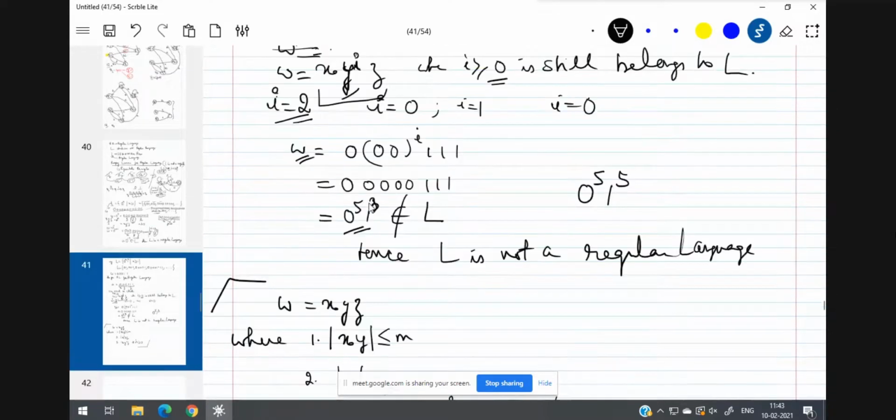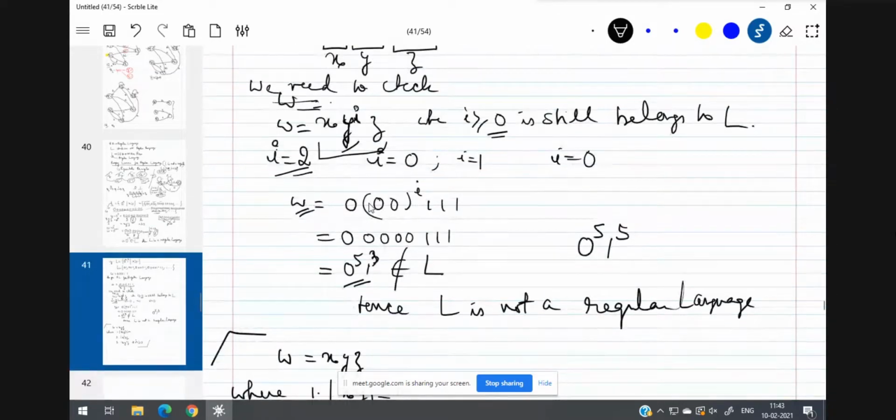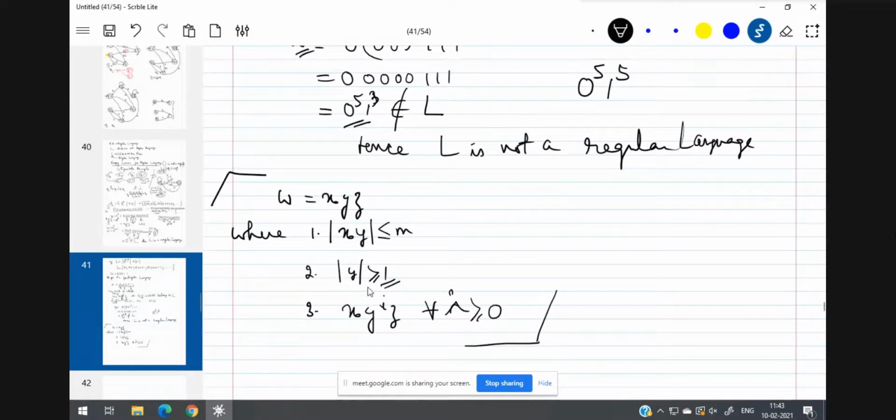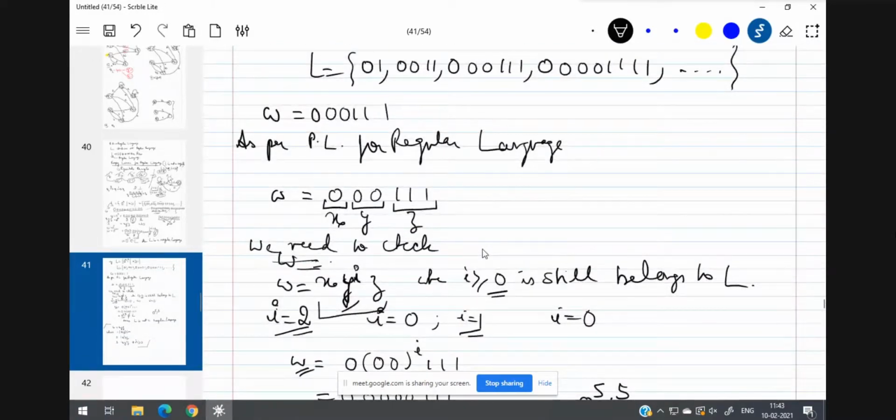And then what about i is equal to 1? Even though it is feasible, because when i is equal to 1, y is not empty, still why are we not considering this one? Our purpose is to increase the length of W. If i is equal to 1, then the length will be the same as it is.